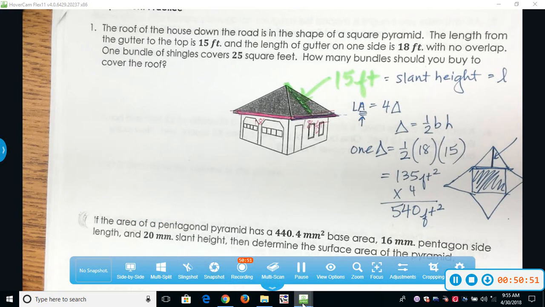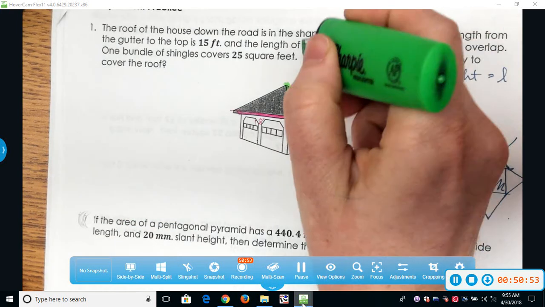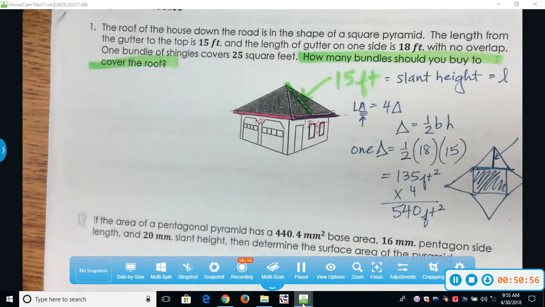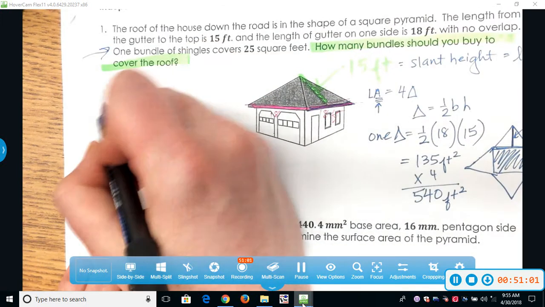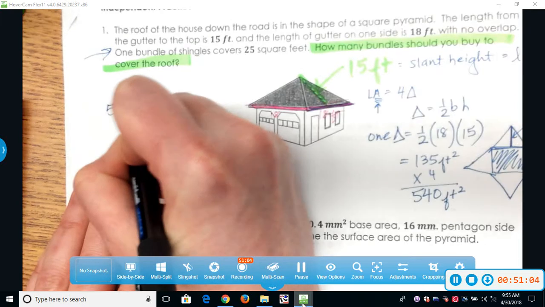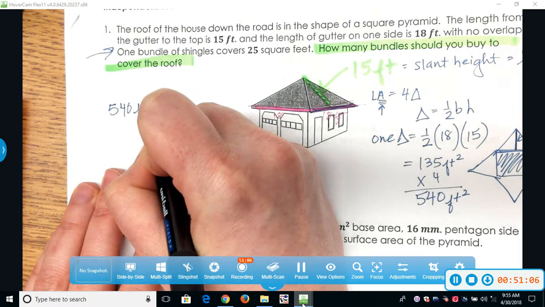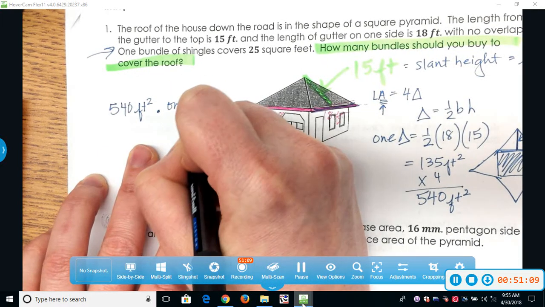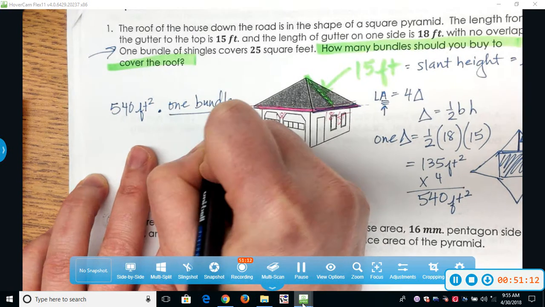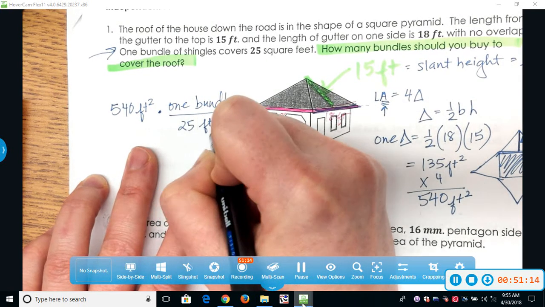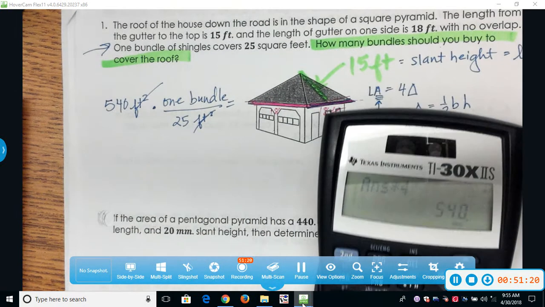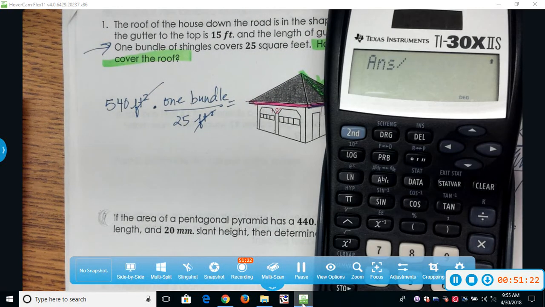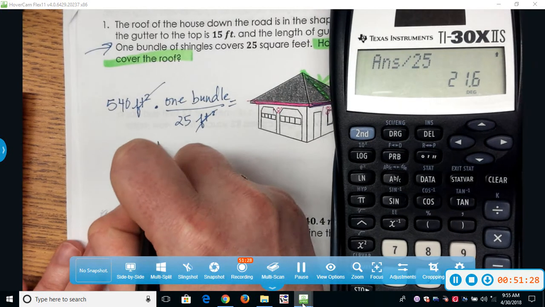But what the question wants to know is how many bundles do I need to buy to cover the roof? And they gave me this sweet conversion factor. If I have 540 square feet and I know one bundle covers 25, I can take 540 divided by 25, and I get 21.6 bundles.